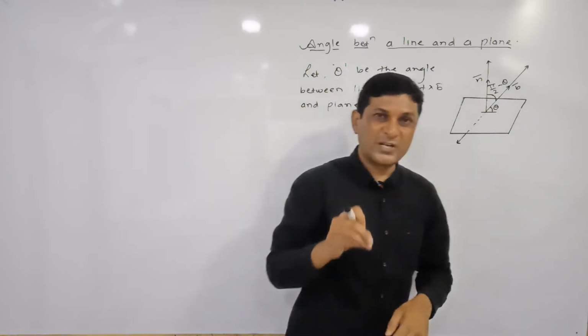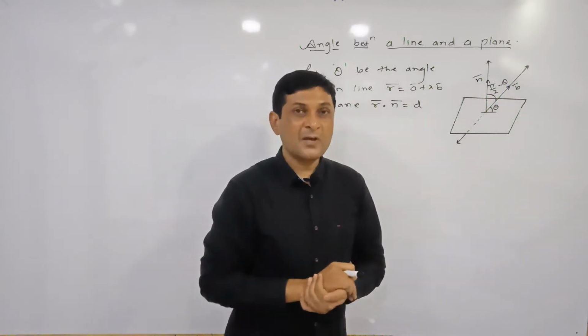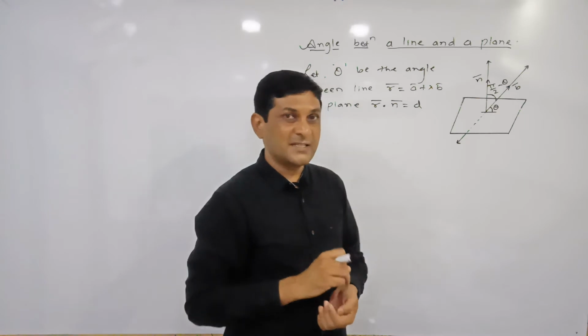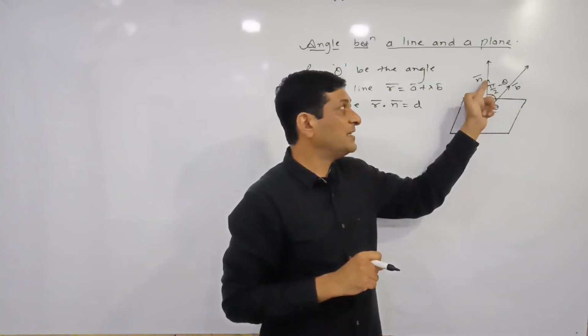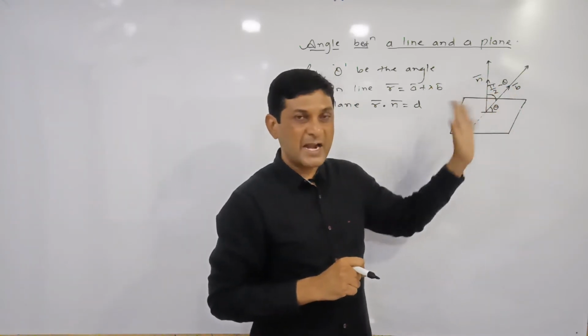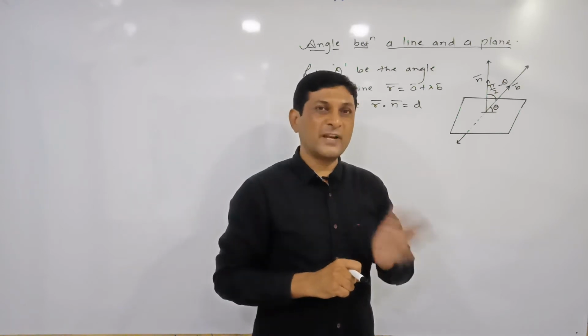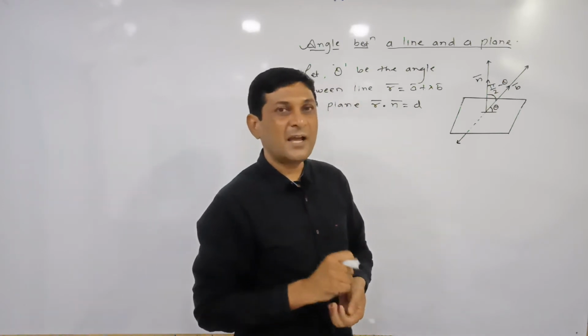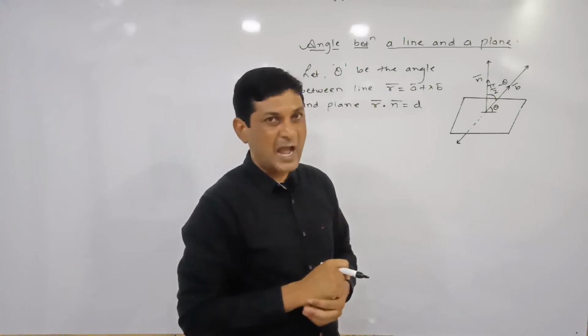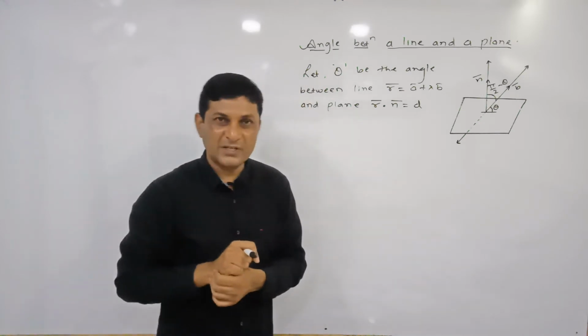90 can also be written as pi by 2. Now pi by 2 minus theta is the angle between which two vectors? N bar and B bar. And if angle between two vectors is known to us, then that angle can be found by applying one result which we have seen in dot product.